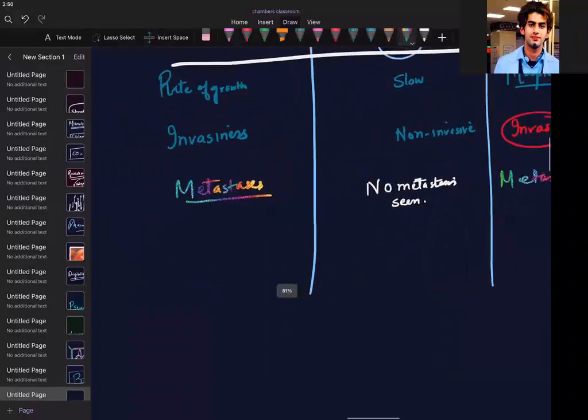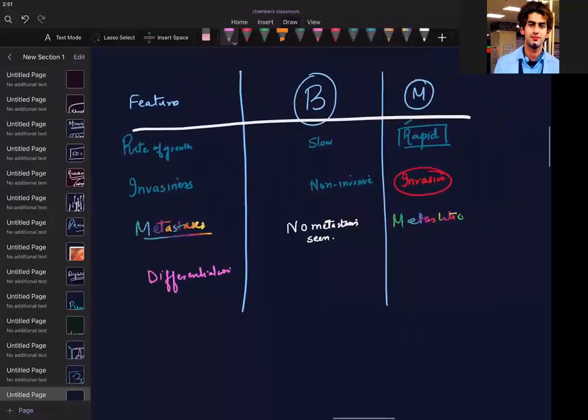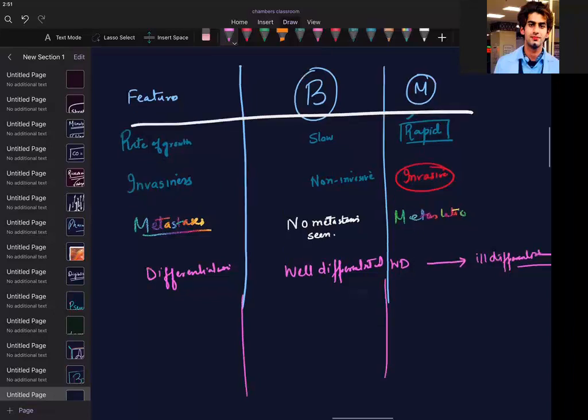So this is metastasis. Now let me write about differentiation. What about differentiation? Which tumor will be well differentiated? Beautiful answer. Benign tumor will be well differentiated. And this will be going from well differentiated to ill differentiated. Fine.